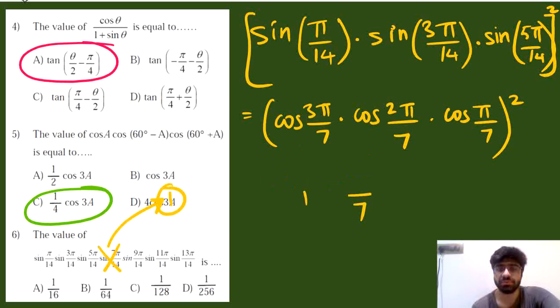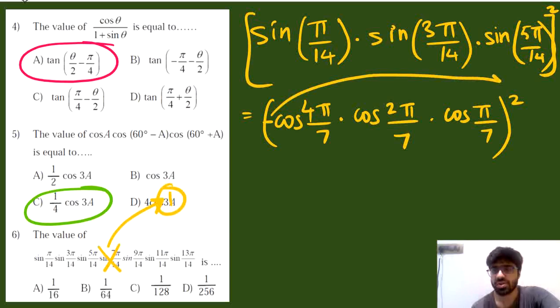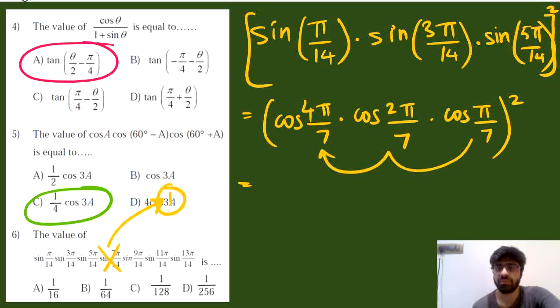So this term is going to become equal to minus of cos 4 pi by 7. But minus 1 square would be 1 only. So that minus 1 square we can take it out of the bracket and that minus 1 square is written as 1 outside the bracket. So whether you write it or not, it means one and the same thing. That minus sign vanishes and now we have terms the way we required them.